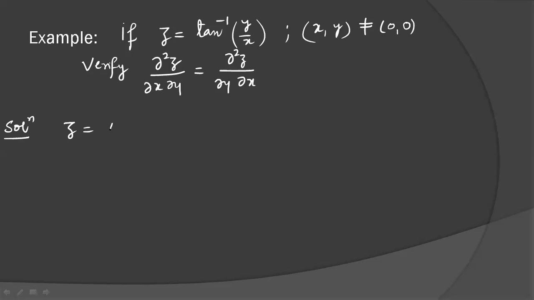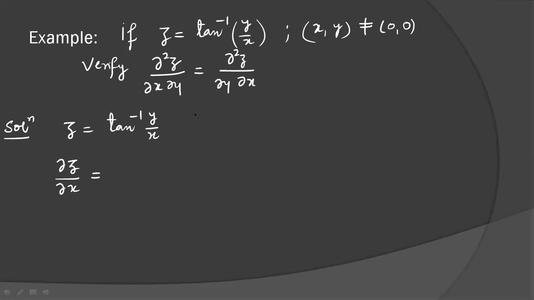z equal to tan inverse y over x. Firstly, I am going to find the first order derivative. So del z by del x, we can directly find the derivative because this function is defined for other points. If (0, 0) is not excluded, then we have to use the limit approach. But (0, 0) is already excluded.